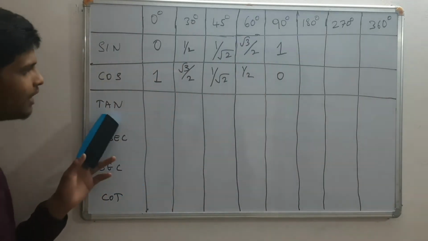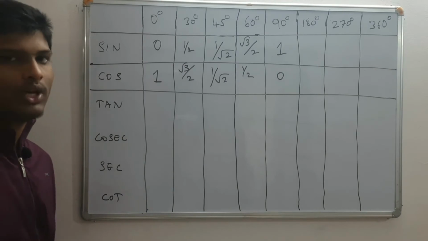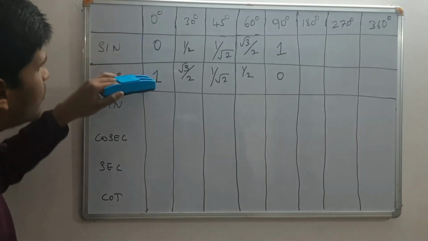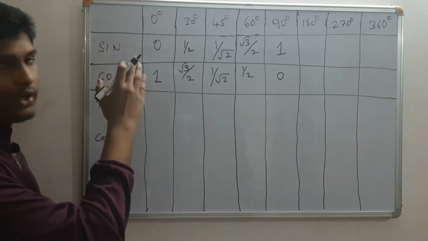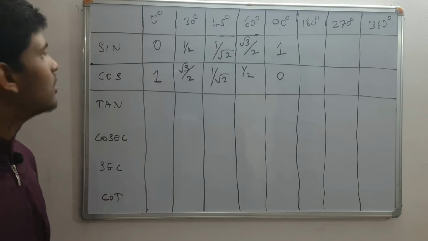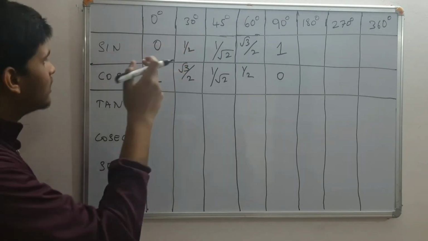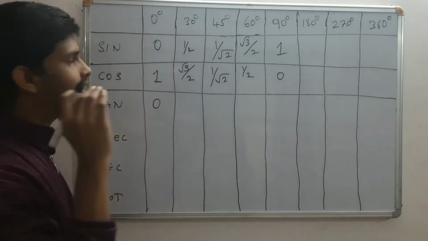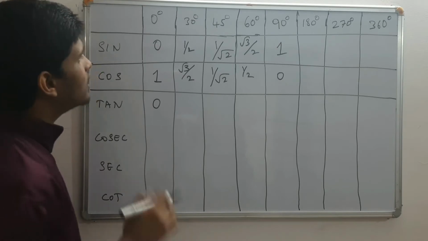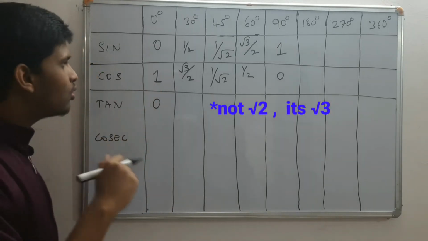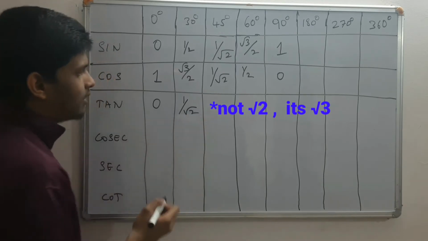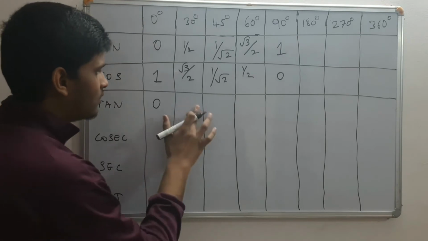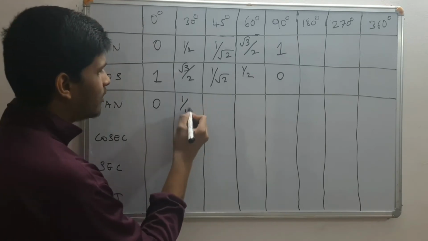Next, to find the values of tan, you know the tan formula: tan is sine by cos. We just divide the sine value by the cos value. Tan 0 degree is sin 0 by cos 0, which is 0 by 1, so 0. Tan 30 degree is sin 30 by cos 30, which is 1 by 2 into 2 by root 3; the 2s cancel and we are left with 1 by root 3.